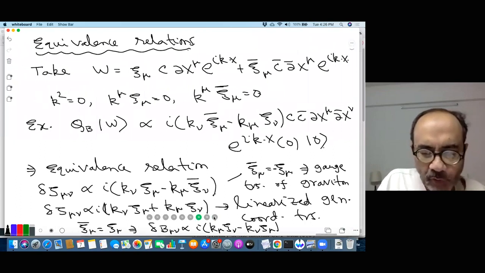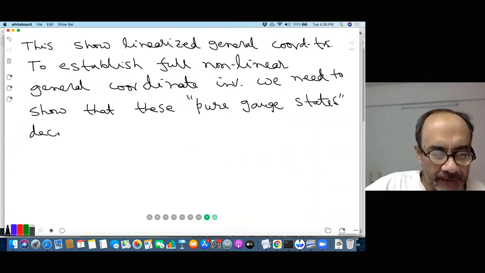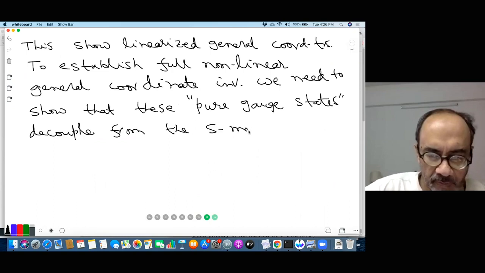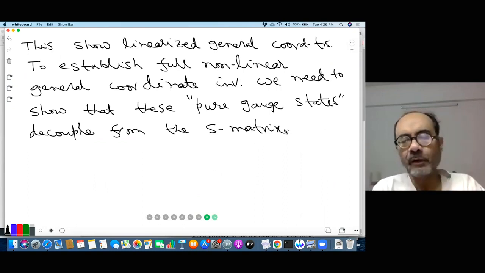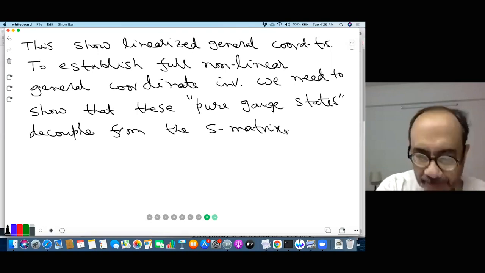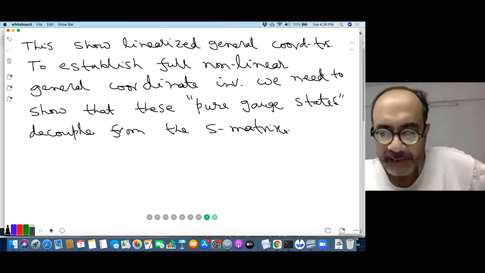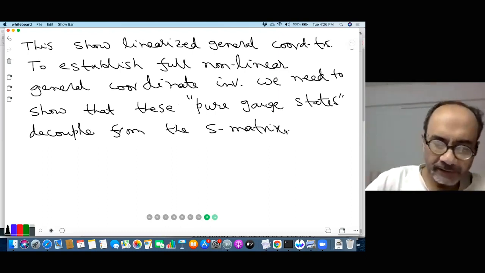You have to show that these pure gauge states decouple from the S matrix. Once you have shown that, there is a general result of Weinberg which says that you basically get a general coordinate invariant theory of gravity in the low energy limit. So this is a property of the S matrix that you have to prove, that these pure gauge states decouple from the S matrix.